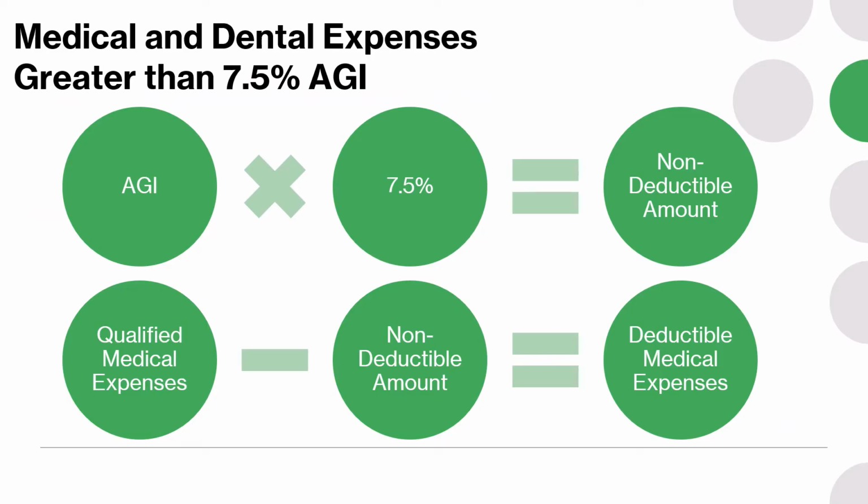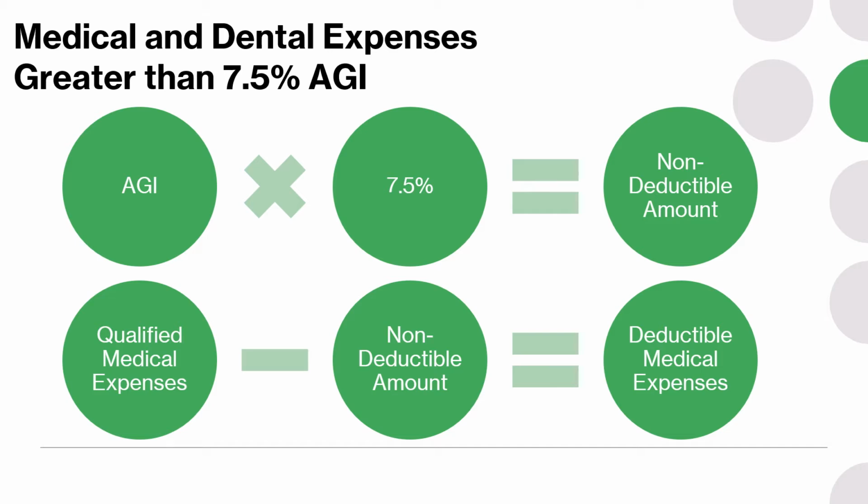So let's get started with our medical and dental expenses. And these are expenses that are greater than 7.5% of AGI. I thought sometimes that's a little confusing the way that's stated when we state it in words. So it's helpful to think about it this way: we have our AGI, multiply that by 7.5%.